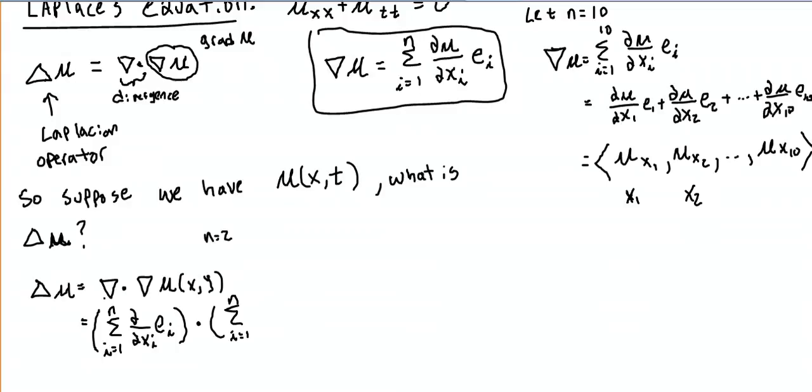I don't have a u on it because this doesn't have a u. The gradient acting on the function u is du dx i e sub i, where n is equal to 2.